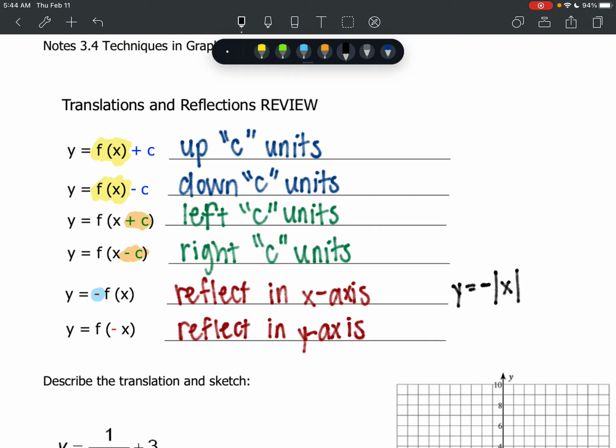However, if we have a parent function, let's just say absolute value of x, but we put that negative on the inside, that's going to be a reflection in the y-axis. So that will flip over the y-axis. And here's what that negative looks like on the inside.